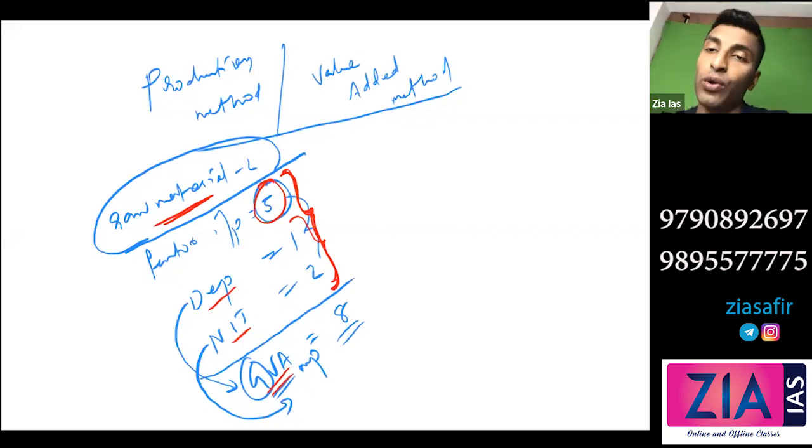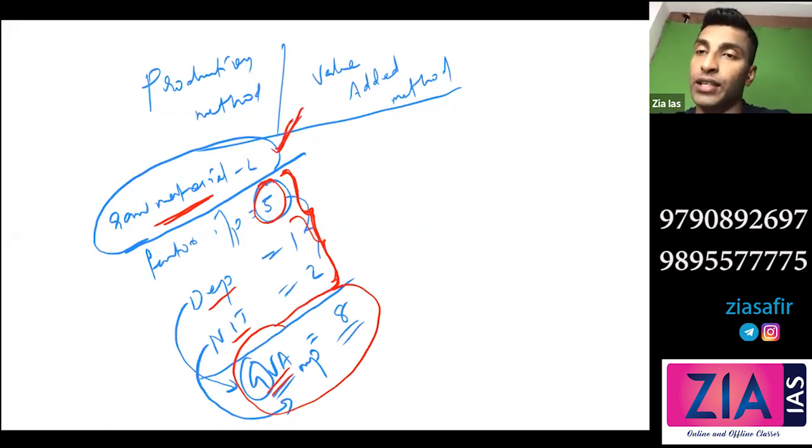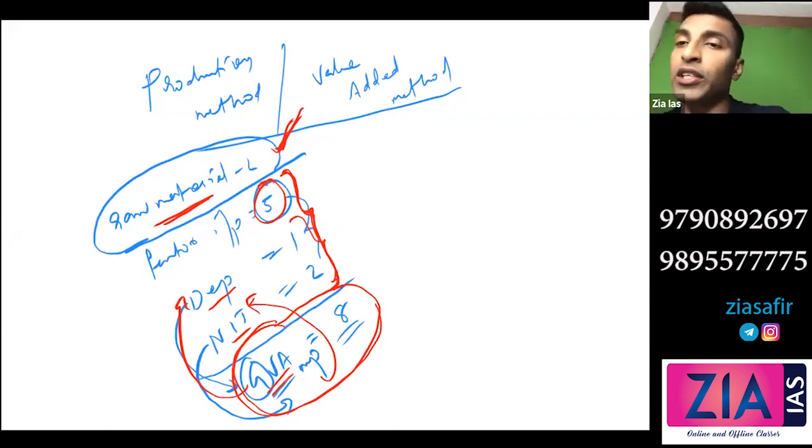Based on this, we will get gross value added. How this is excluded we will understand when taxation is done. So gross value added: why gross? Because depreciation is there. Why market price? Because net indirect tax is there. So what we get from this pen is the gross value added at market price.